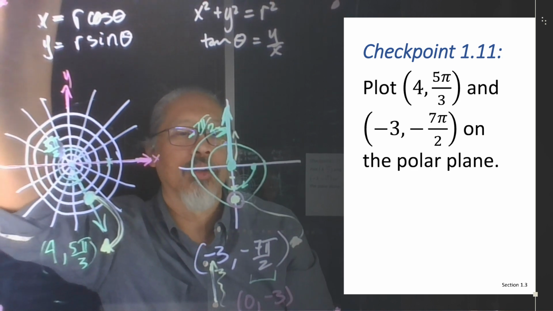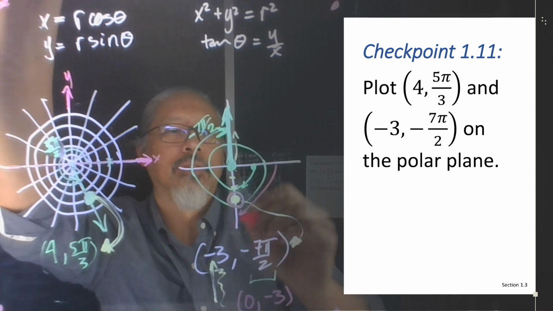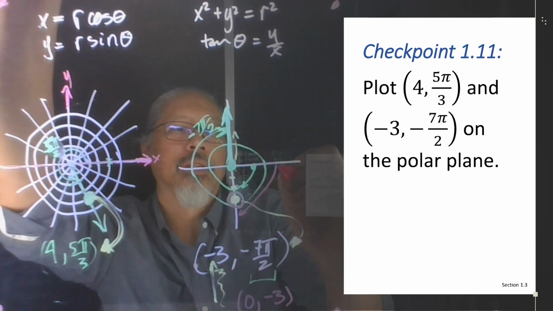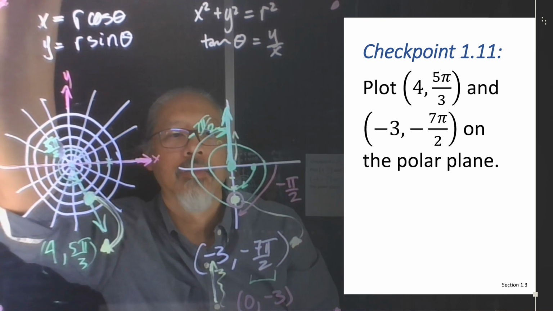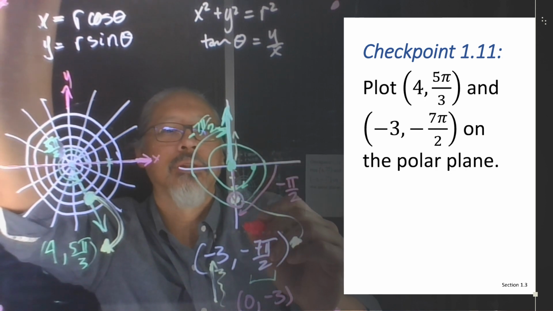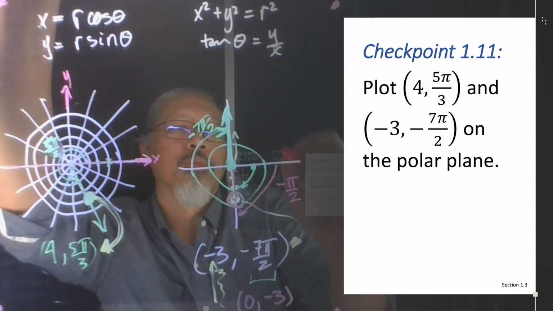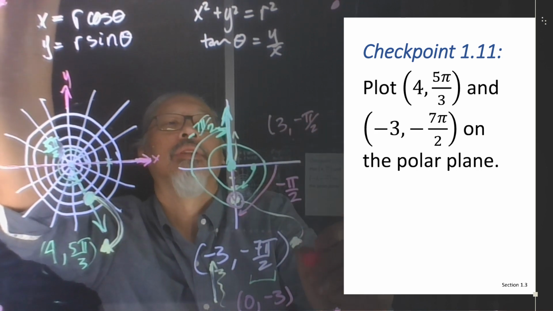To express that in polar coordinates a different way, we can go in the negative direction, or positive, but let's go negative here. This angle here is negative π/2, and if you're pointing at negative π/2, you go positive 3 units to go downward. And so the same point can be expressed as (3, -π/2).